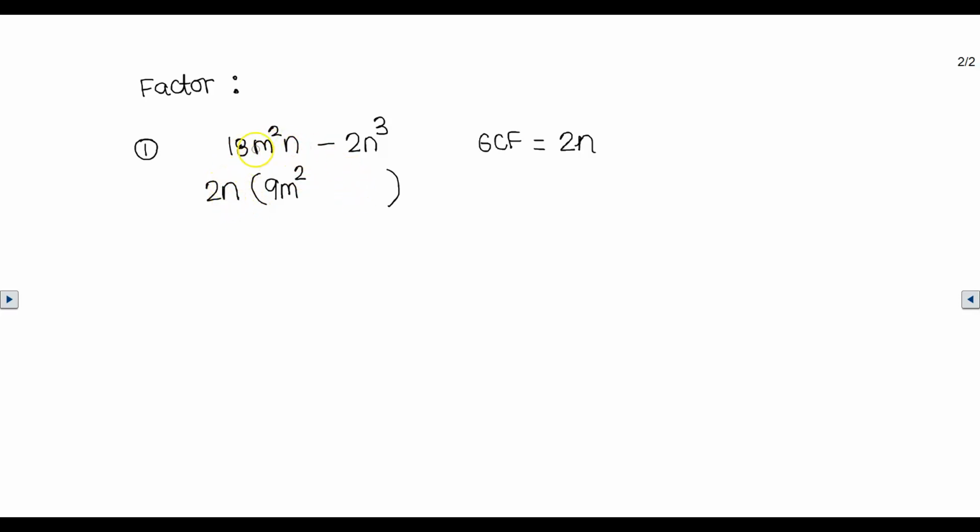Now, 2n times your second term would have to give you a negative 2n to the third. So it looks like there we're going to need a negative 1n squared, so that when we do 2n times negative 1n squared, we get negative 2n to the third. All right, so we have successfully taken out our GCF.